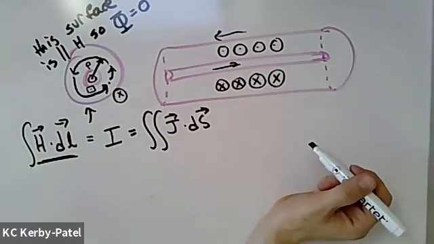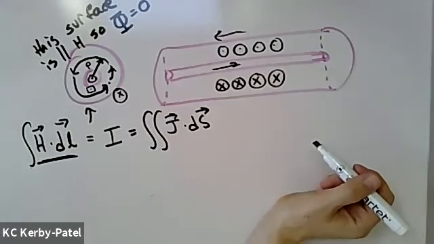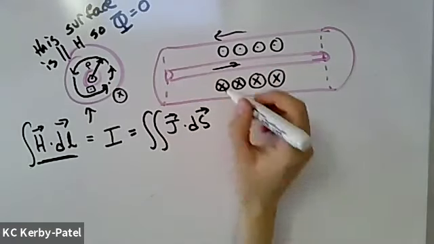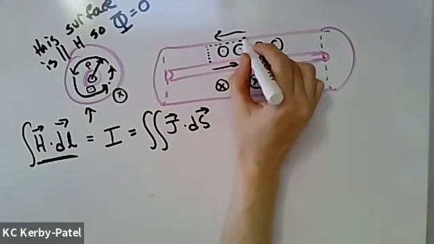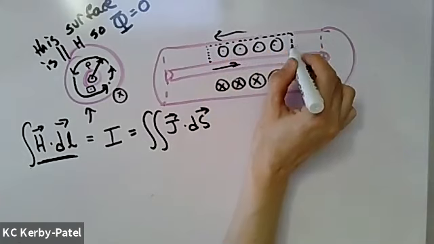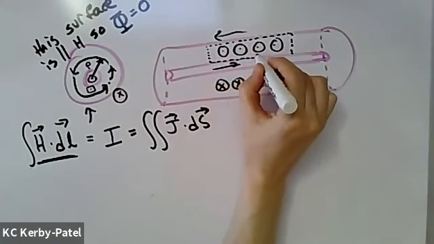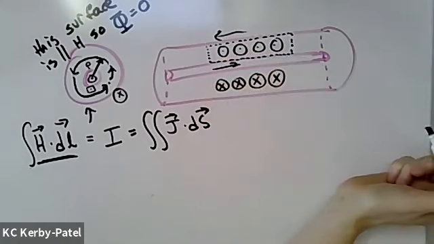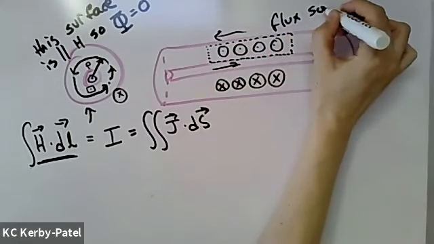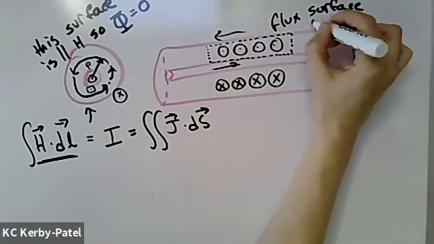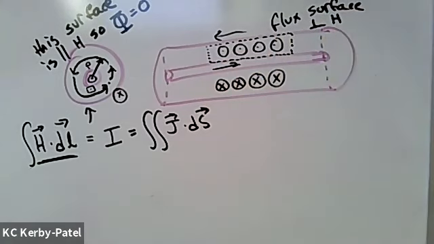So if I want to know the inductance per unit length of this structure, my flux surface is actually going to be this, because that is the surface through which flux exists.